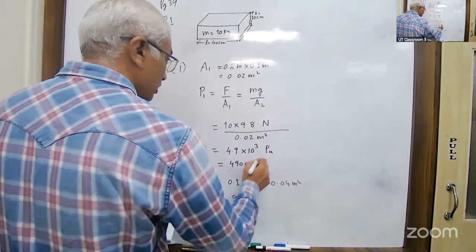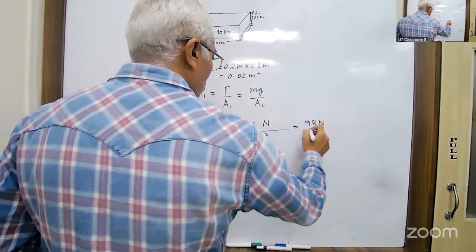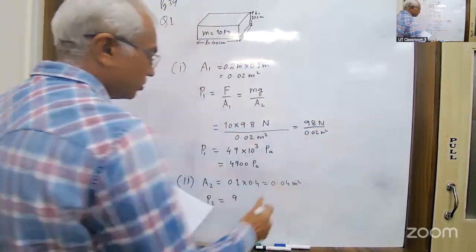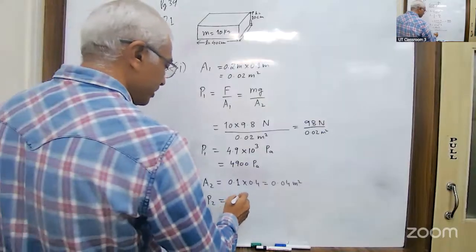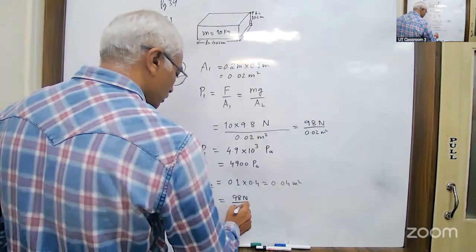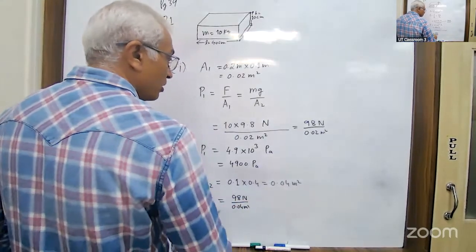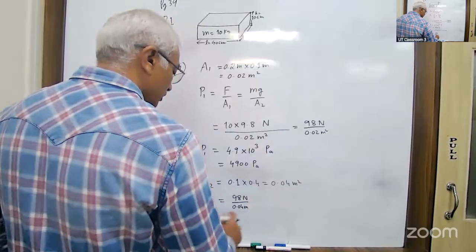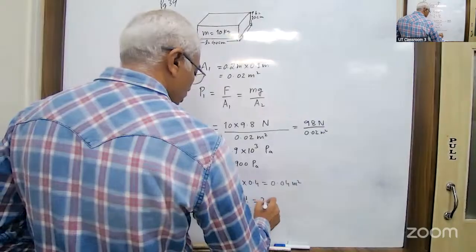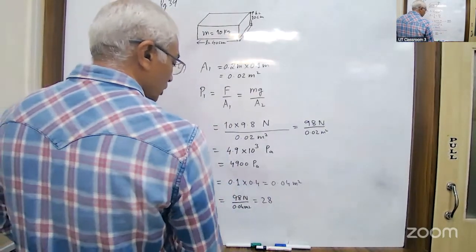It will be, this is 98, right? So now you will see that this is 98 by 0.04. So it will be half of this. So what is half of this? So it will be 2450.